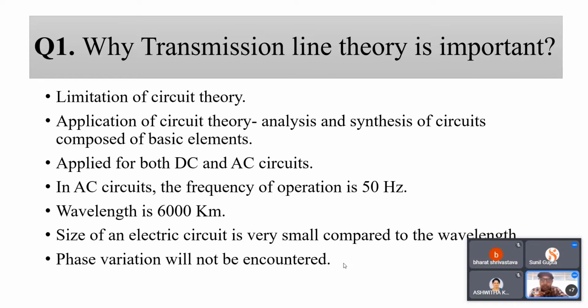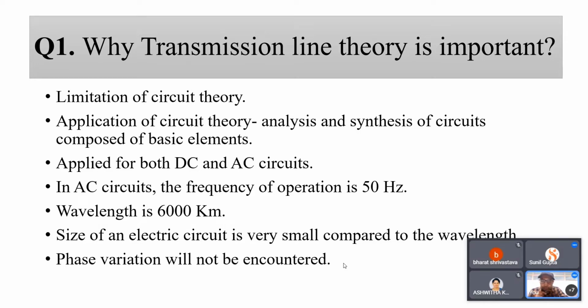This is just because of the limitation of circuit theory. As you all know, basic circuit theory is used for analysis and synthesis of electric circuits composed of basic elements, that is resistors, capacitors and inductors.